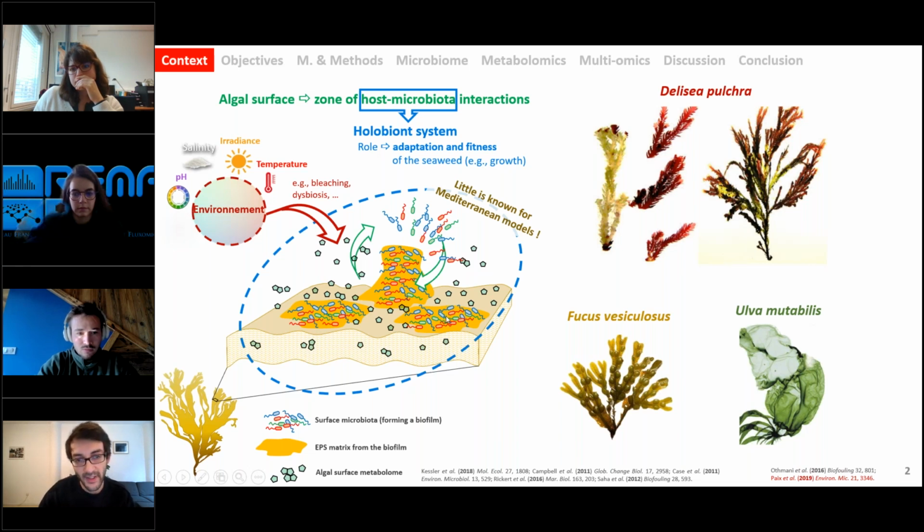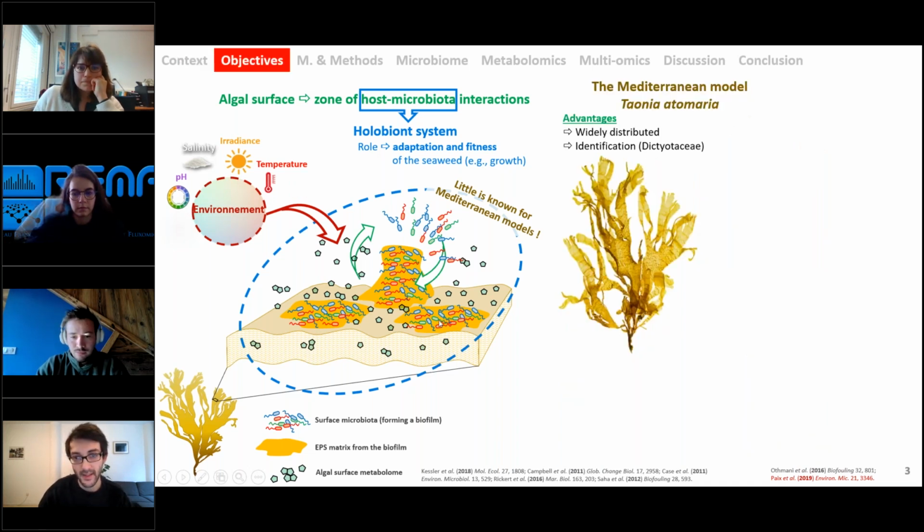But when I started my PhD, little was known for Mediterranean models. That's why I started working on the brown algae Taonia atomaria, which is widely distributed in the Atlantic and Mediterranean coasts, and also really easy to identify within the Dictyotaceae family.